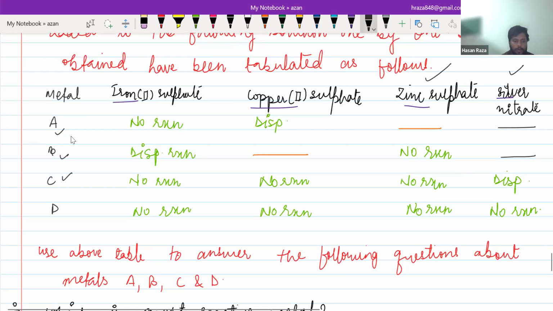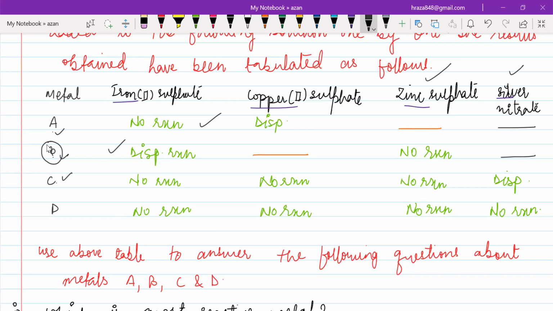Now come to this point. If you add A in iron sulfate, no reaction. B in iron sulfate, displacement reaction. C, no reaction. That means B is most reactive. Yes or no? Are you getting my point? Yes. B is most reactive.